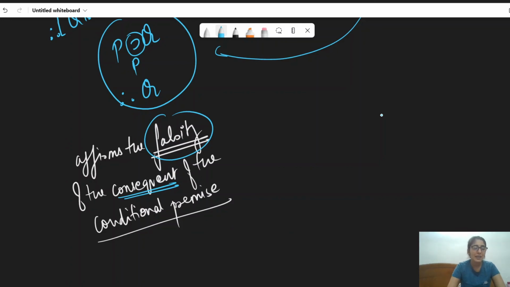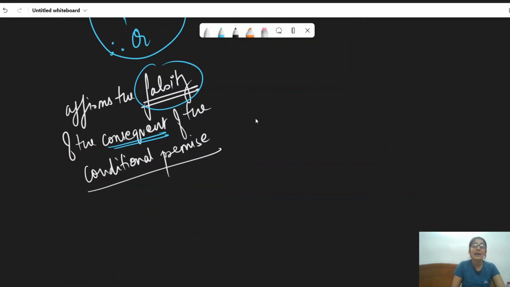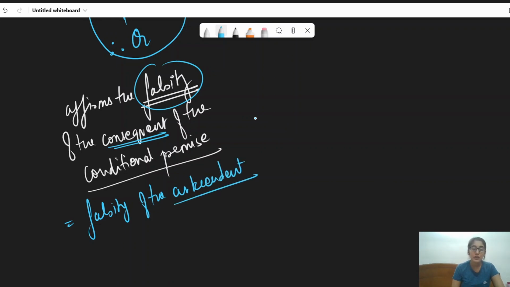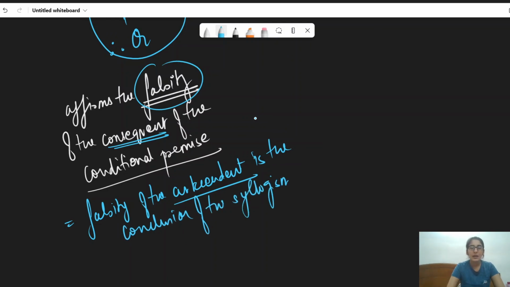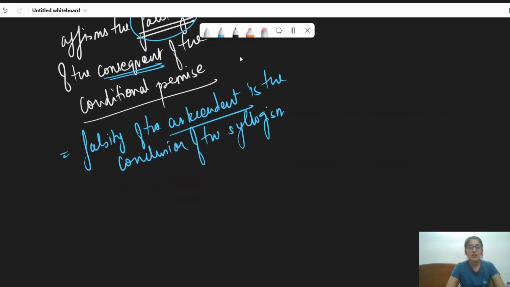In that case, the falsity of the antecedent of that hypothetical or conditional premise is the conclusion of the syllogism. Is this clear? Let me draw the logical structure and you'll automatically understand. This is going to become: if P is true, then Q is true.